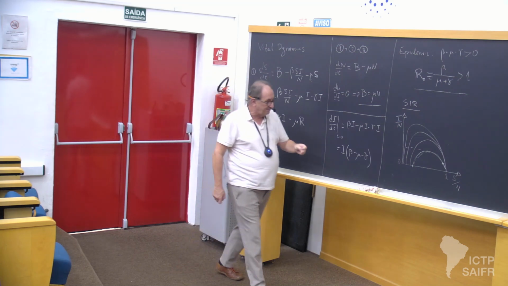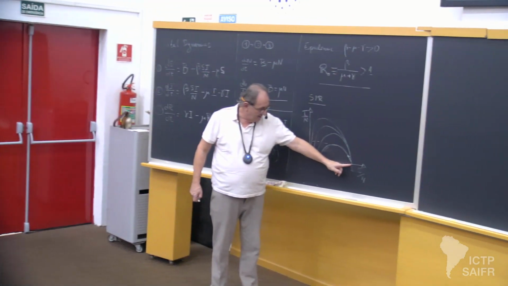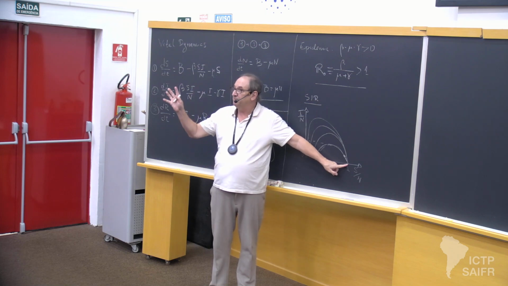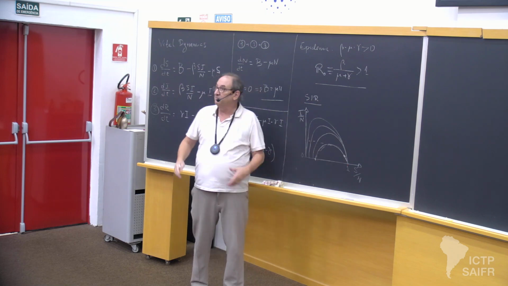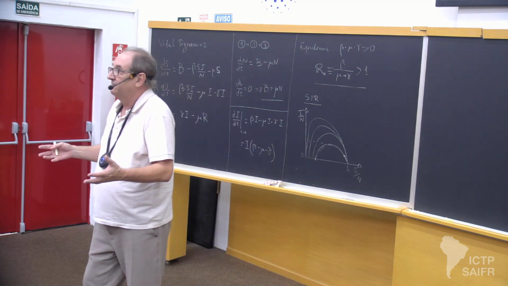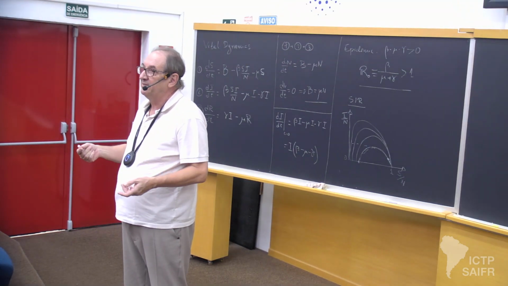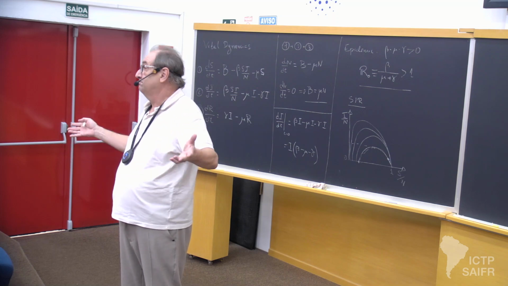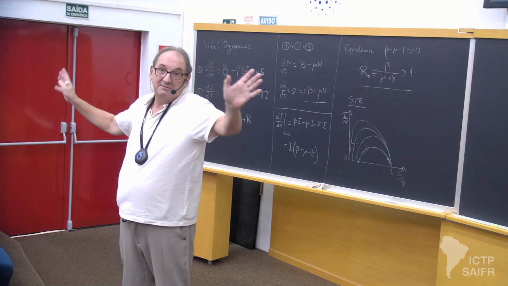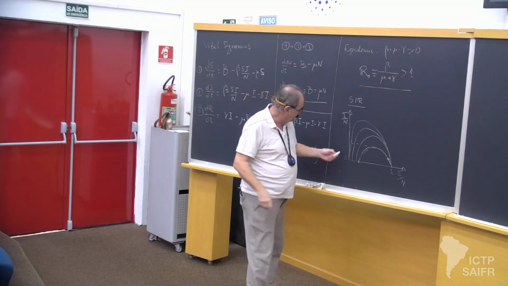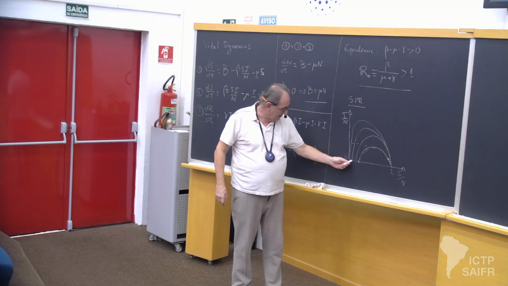Well, one fixed point is obviously here. The total population is susceptible. There are no infected and no recovered. And it is a fixed point. If you don't have the introduction of infectious individuals, it will remain with a constant population of susceptibles. That's it.